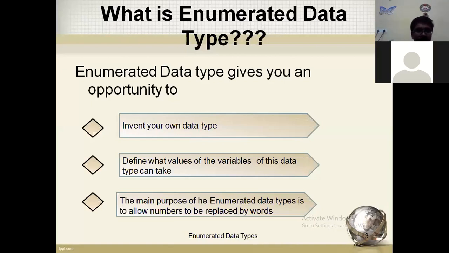So that is the main purpose of the enumerated data type. Observe the statement: enumeration. The words are replaced with numbers, and numbers are assigned to the words. That is called enumeration. So that's why it is called enumerated data type.